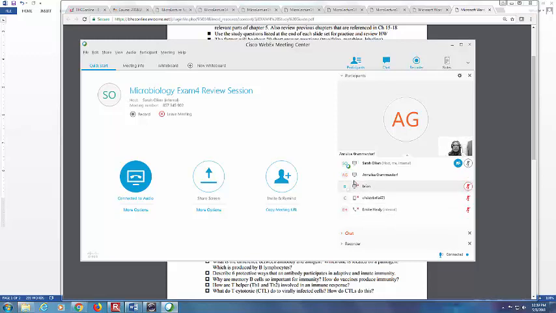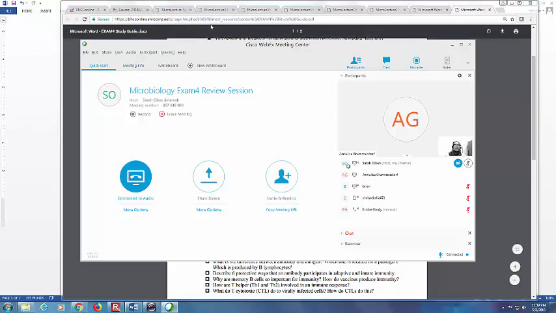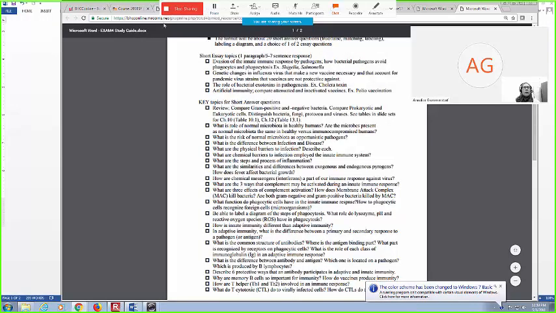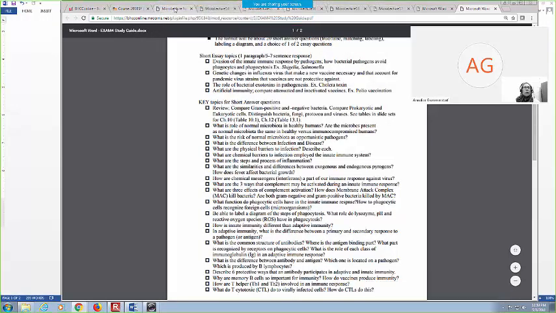Can we talk about the specific changes in influenza and why it's necessary to make a new vaccine every year specifically? Sure. Yeah. So that would be in chapter 12.